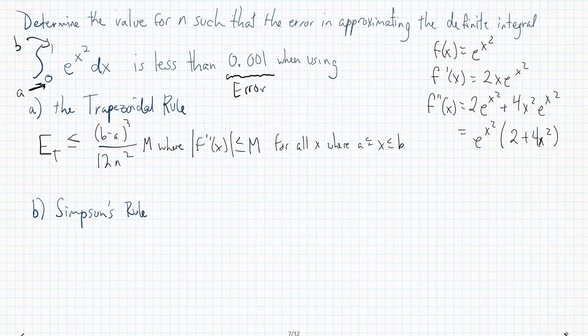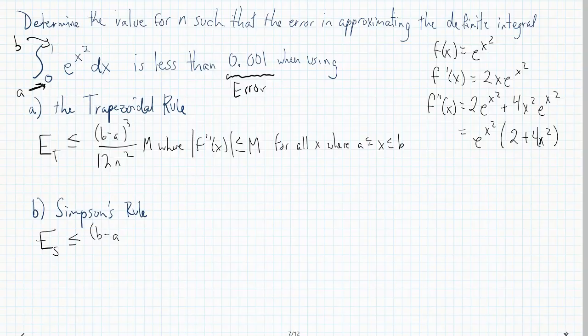Okay, so when we do this, what are we left with? Well, you can kind of check. Actually, I'll fill you in on Simpson's rule first. By the way, Simpson's rule is very similar.